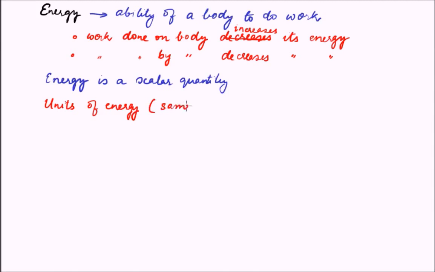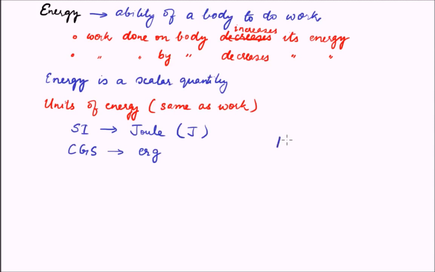So the SI unit will be joules, represented by a J, and the CGS unit is erg, and similar to work there will be other higher units, that is kilojoule, megajoule, gigajoule, and the relation between the SI and the CGS unit is that 1 joule is 10 to the power 7 erg. This we have already discussed while discussing the units of work.